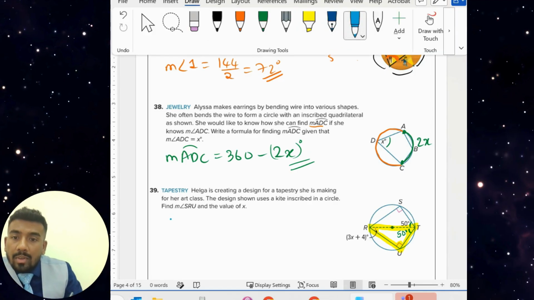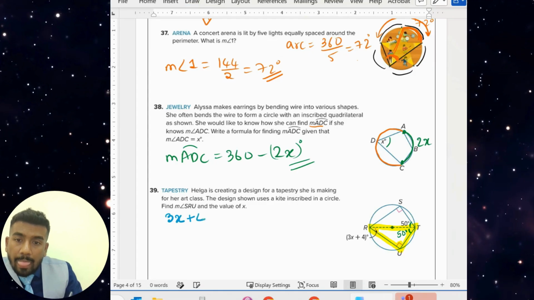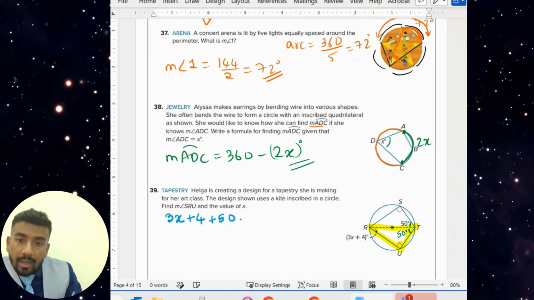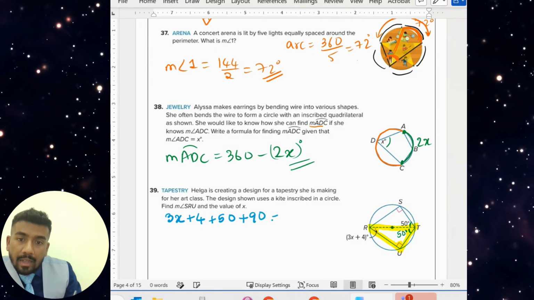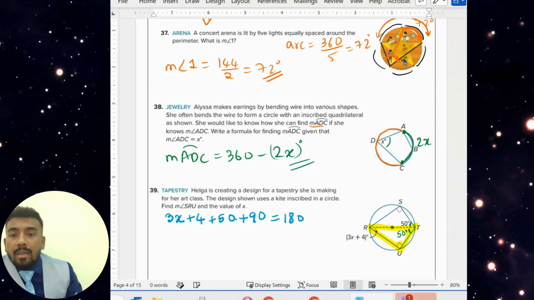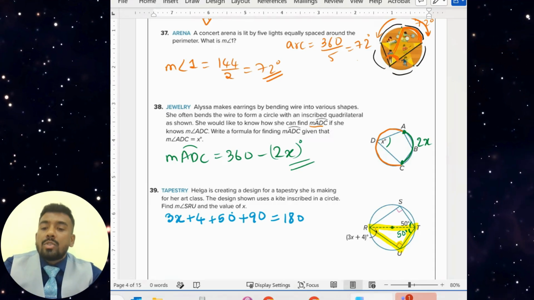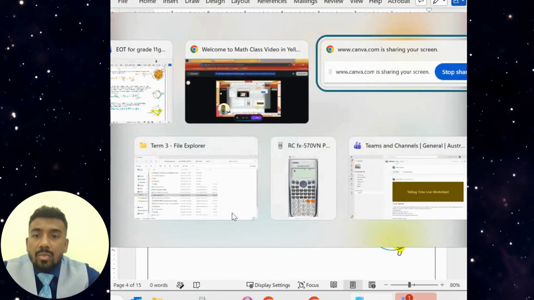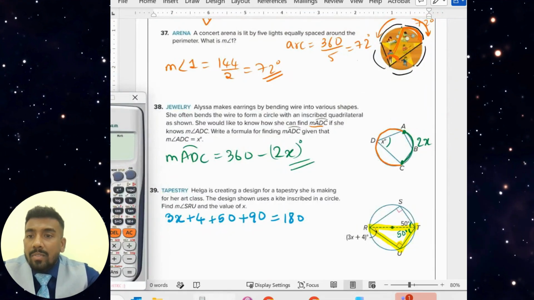So what do you have? 3x plus 4 plus 50 plus 90 equals 180. Put it in the calculator and do shift solve. I always suggest that students do shift solve because that's faster.